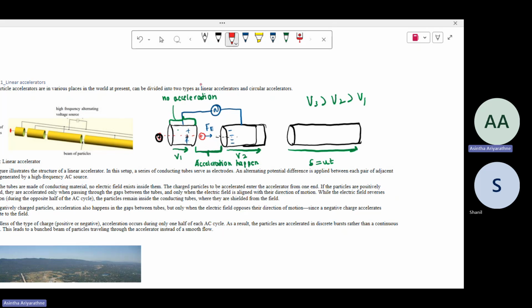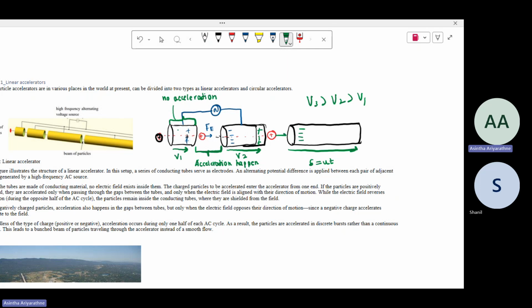Now these particles come to this point, but when they come to this point, the potential is different. That's why an alternating current is used. Now this has been transformed to a positive charge, and the electron is negative.